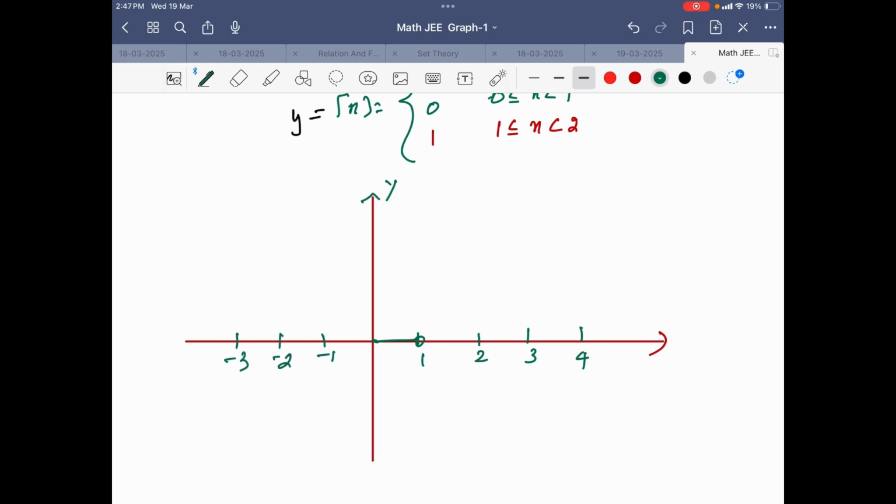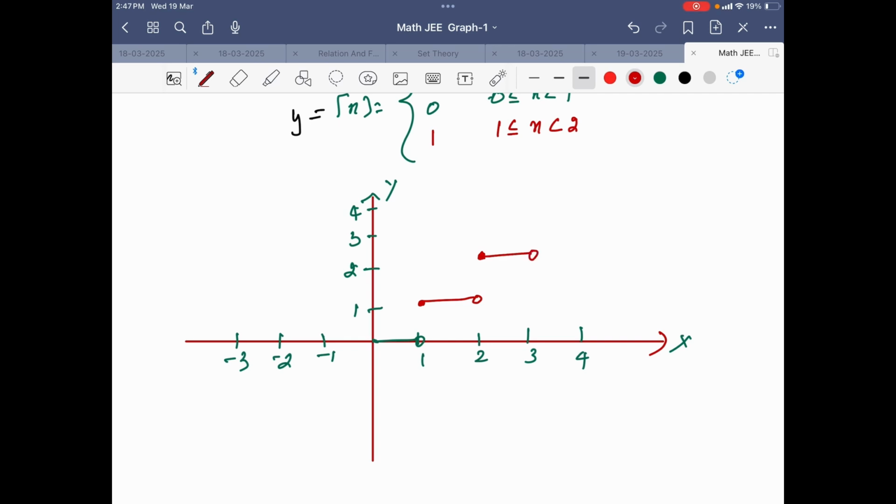This is the y-axis, this is the x-axis. Okay, fine. So for 1 to 2, what is the value? Y is equal to 1. When you take 2, it will be 2, so it jumps to 2 here. Then it will be like this.